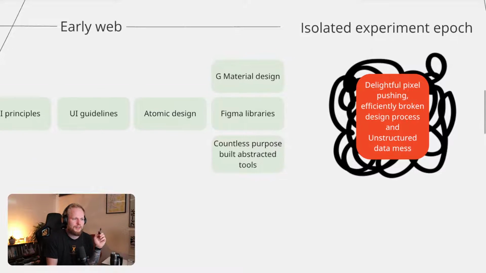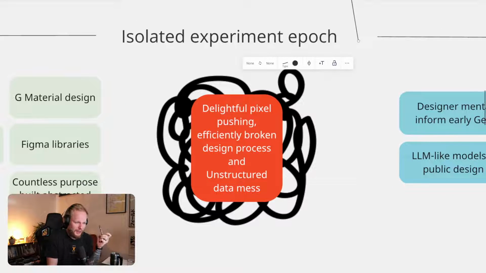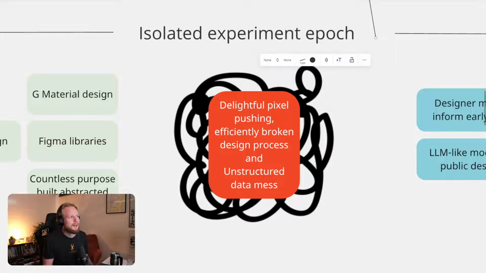So a lot of those things then kind of fed into the isolated experiment epoch, which we are still at, where you have these delightful pixel pushing, efficiently broken design processes and unstructured data mess. It's basically where we go into these walled gardens of product design and UI design.